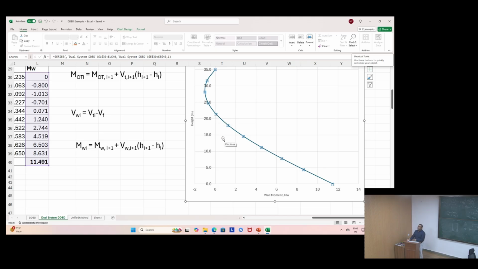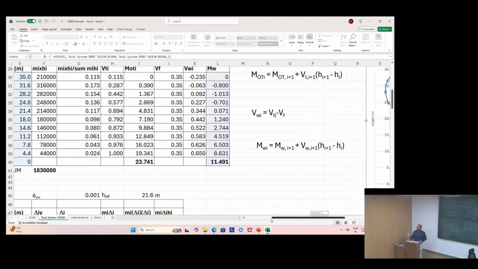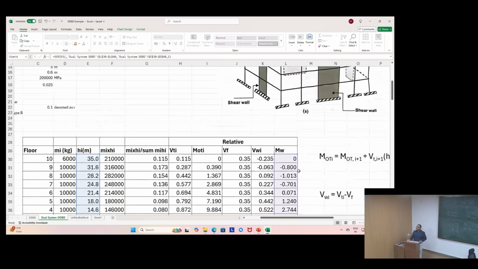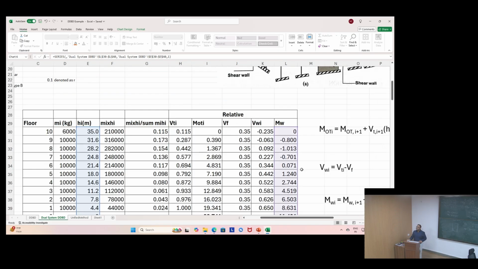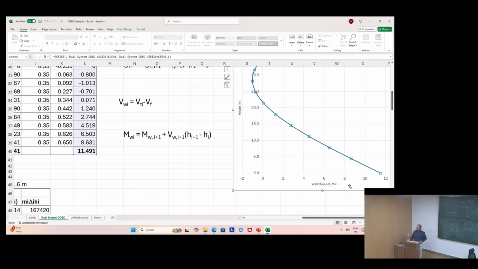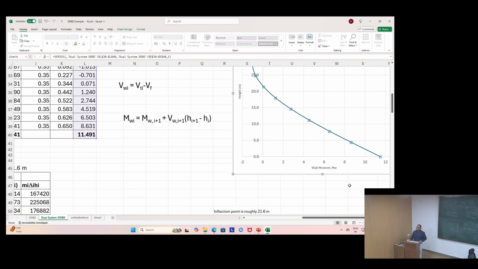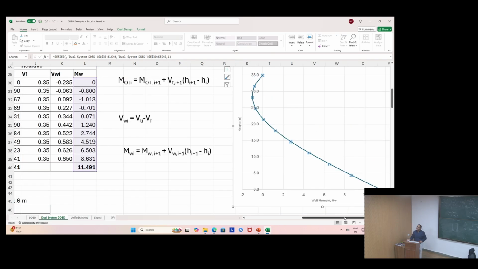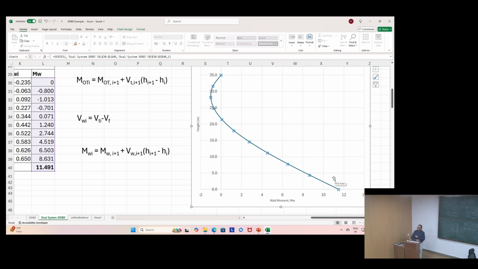What do you think, where is it? So it's somewhere between 20 and 25.